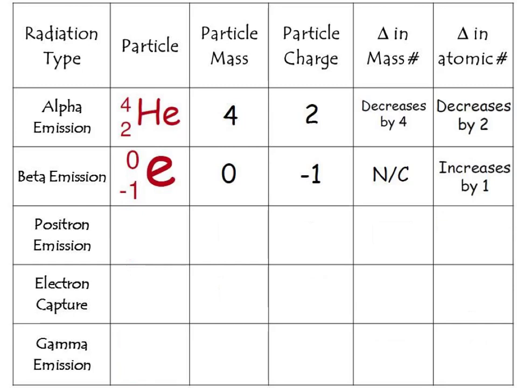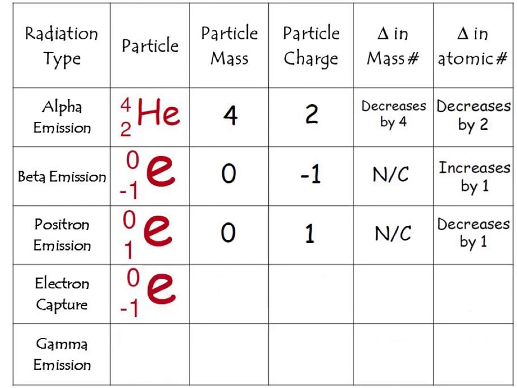For positron emission, you have a positive electron, and it has a mass of 0 and a charge of 1. It doesn't change your mass, and it decreases your atomic number by 1. Electron capture is the same thing as your electron in beta emission. It has no mass and a charge of -1.